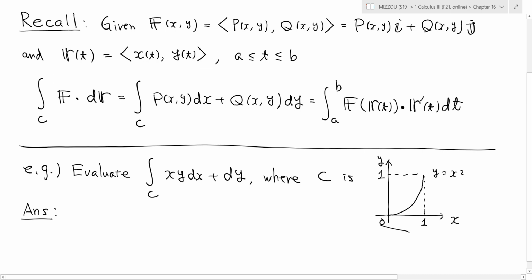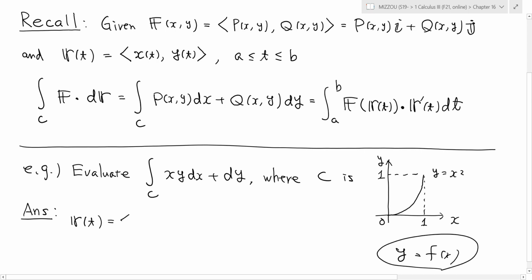And in this case, what's given is just this, so we have to find out what this parameterization is. When the curve is given like y is equal to f of x, there is a canonical way of parameterizing the curve.